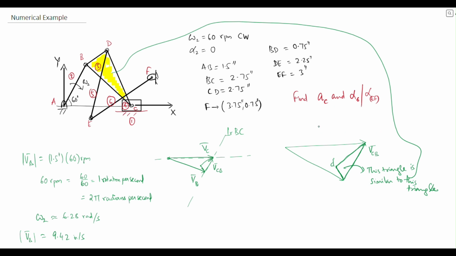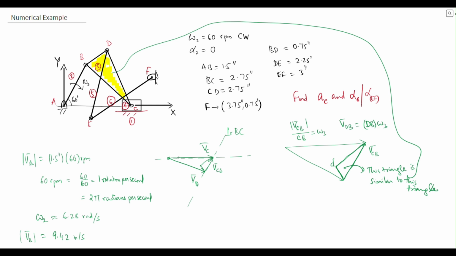In our usual procedure, we can find V of C with respect to B, and we can divide that by the length CB to obtain omega 3. Then we can write VD with respect to B is equal to the length DB times omega 3.